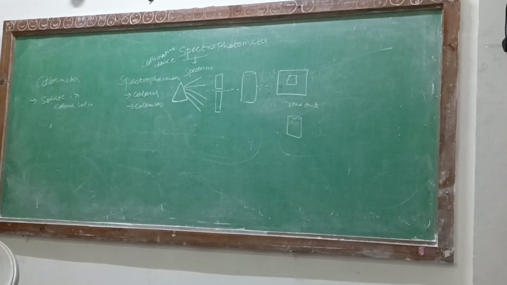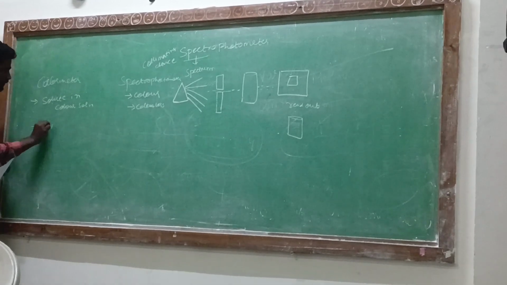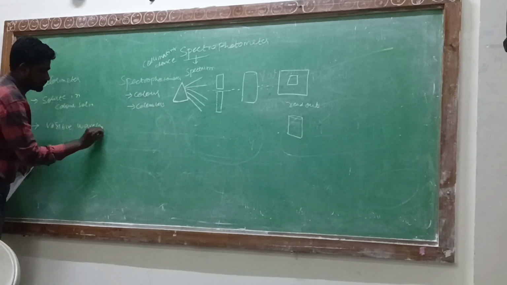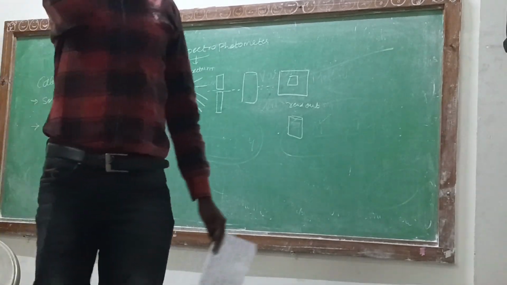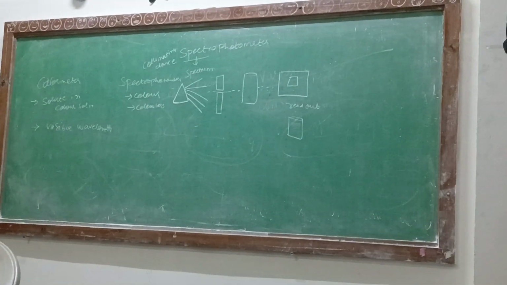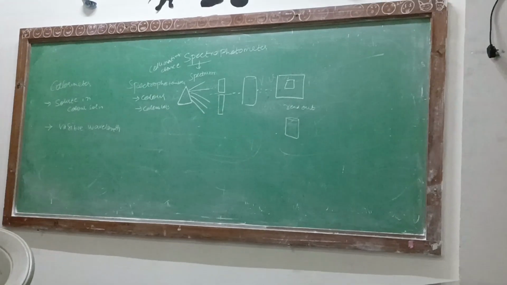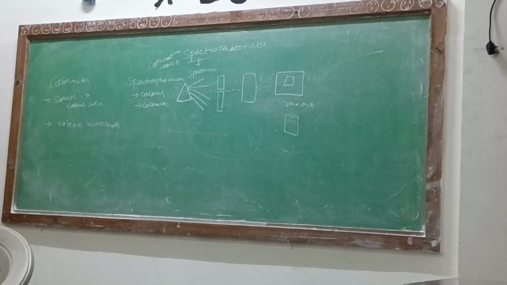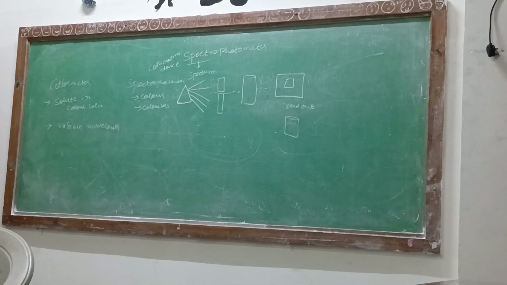Point two, the colorimeter will work only on the visible wavelength. I told you about wavelength in the beginning too. If you look at the spectrum scale, there will be a very narrow part. The narrow part will be called the visible wavelength. That much of the wavelength you are able to see with your naked eyes. It doesn't mean that the other wavelengths do not exist. For example, X-rays, gamma rays, infrared, ultraviolet. Those kinds of rays are not visible to our eyes, isn't it?